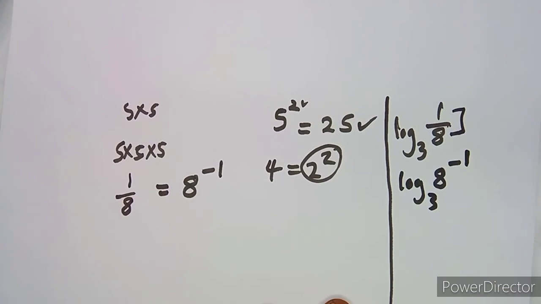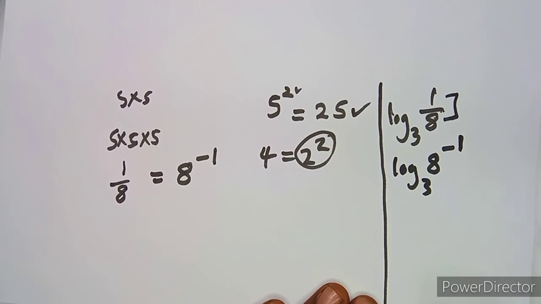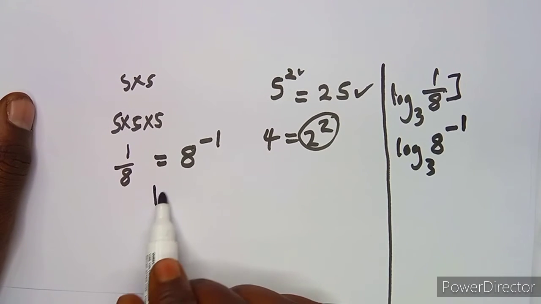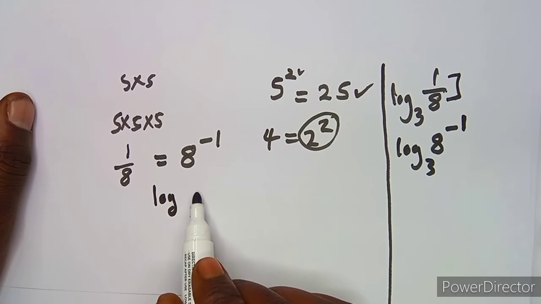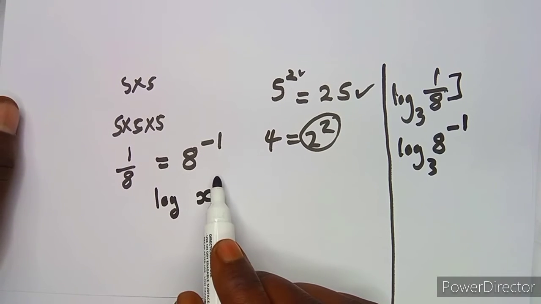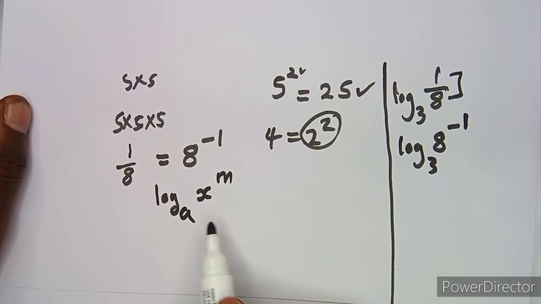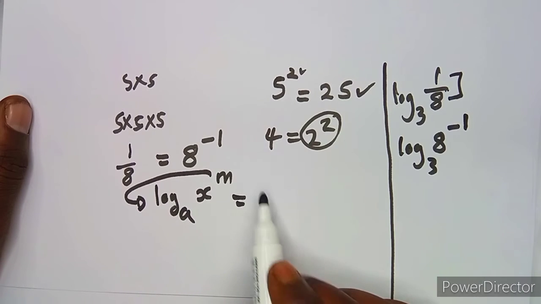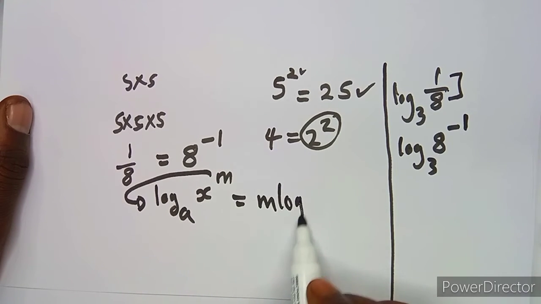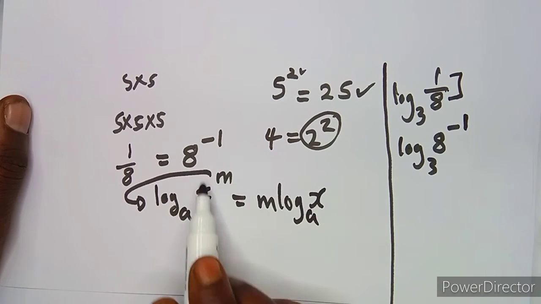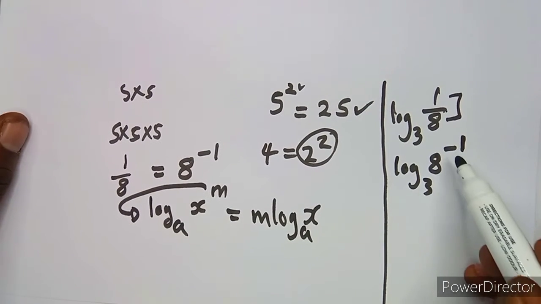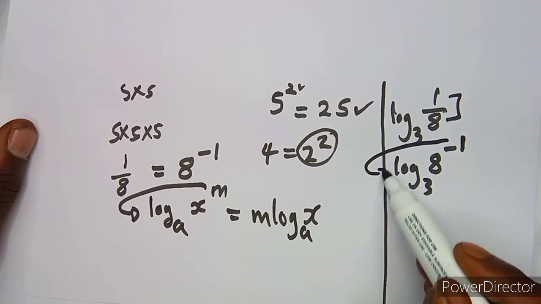All right, we are still on 1 over 8. From the laws of logarithms, we know that if you have x to the exponent of m with a certain base a, you drop the exponent and multiply by it, which gives m log x base a. So here we are going to drop this exponent.